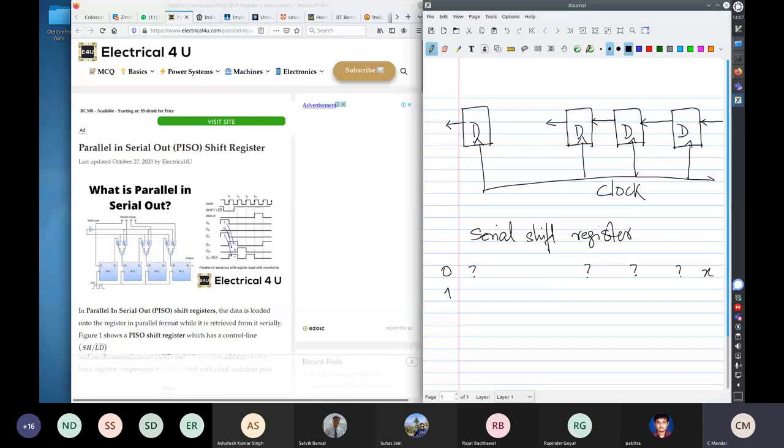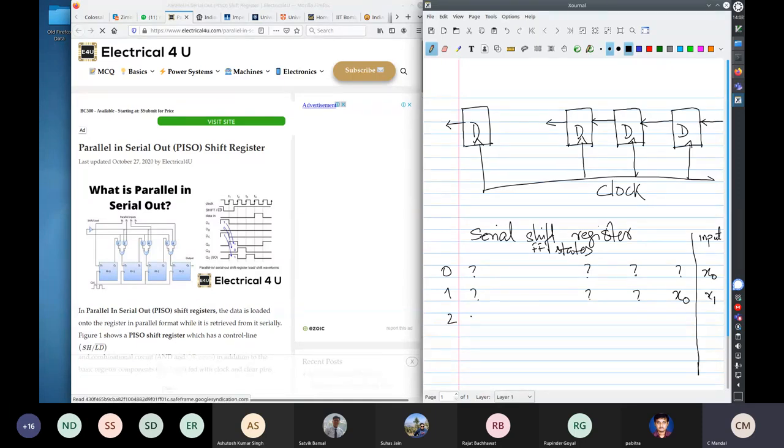So at time 1, the value of this is x0, and this is the input. These are the flip-flop states. Say the next input is x1.